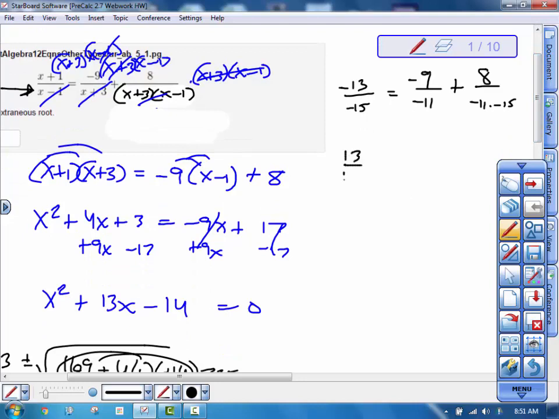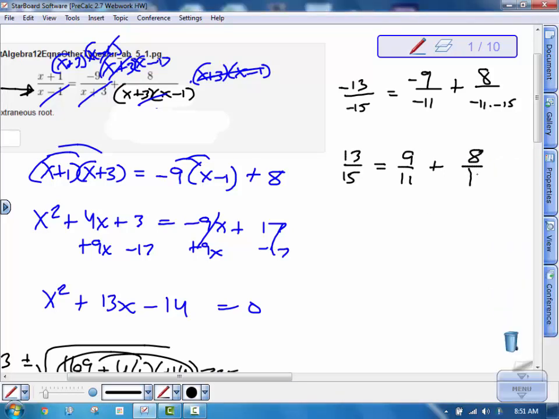So we have 13 over 15 on this side, and then 11 times 15 is 165. So we have to try to add these fractions. I'd just pull out a calculator and see if these are equivalent at this point. And they are. They both equal 0.86 repeating.